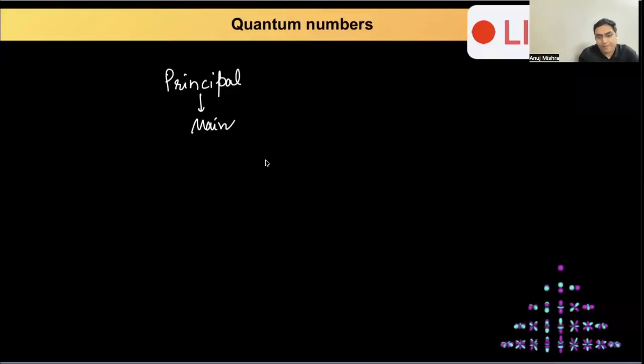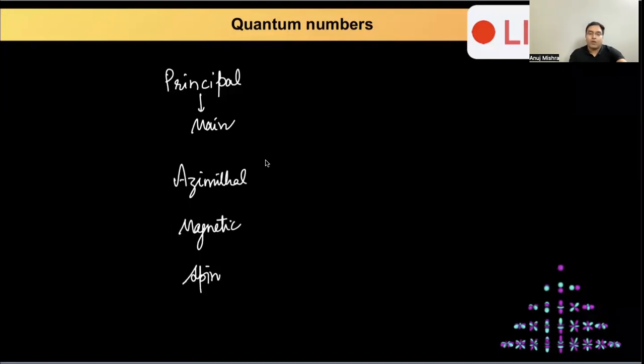So principal is main. Then like that, azimuthal. Okay. Then magnetic. And then spin quantum numbers. Right? So these are the names of quantum numbers that you must know.